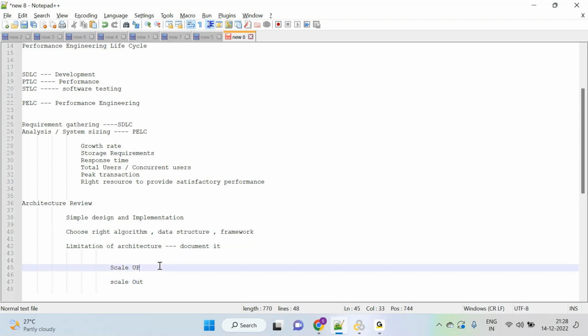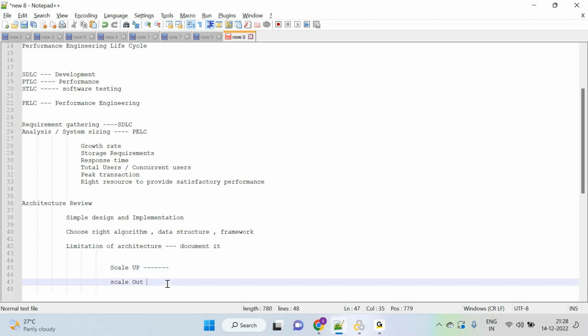Scale up means, say you have a 4 GB RAM machine, and in that 4 GB RAM machine there is some problem. You try to increase the configuration from 4 to 8, 8 to 12, 12 to 16, 16 to 32, 32 to 64, like that.